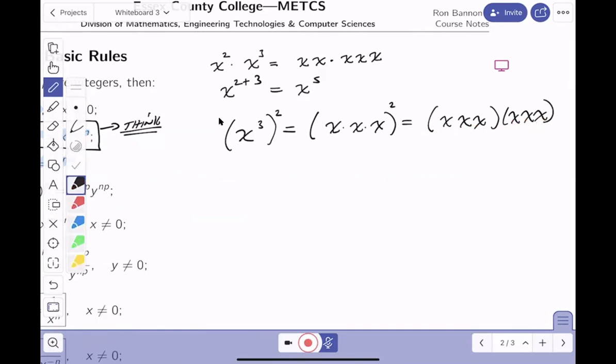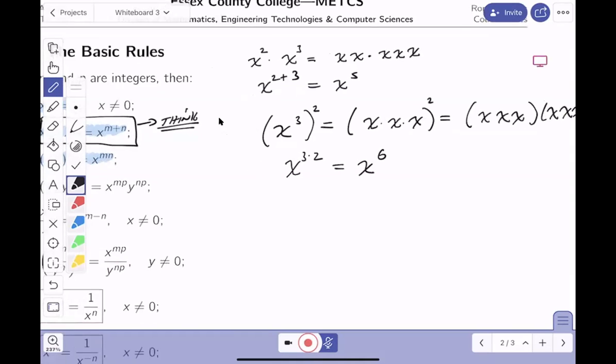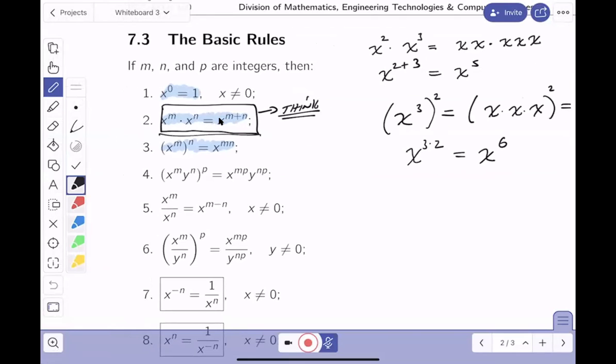There's 6 factors. I'll write that down. And I realize somebody says, well, they could do that by multiplication. And you're right. X, 3 times 2, get x to the 6. That's the only thing this rule is saying. My claim over here is please think. I'll tell you why. A lot of people see these things as if they're the same thing. They are not the same thing.